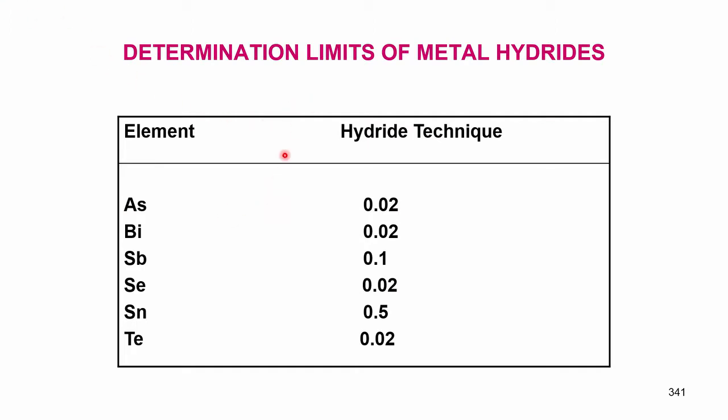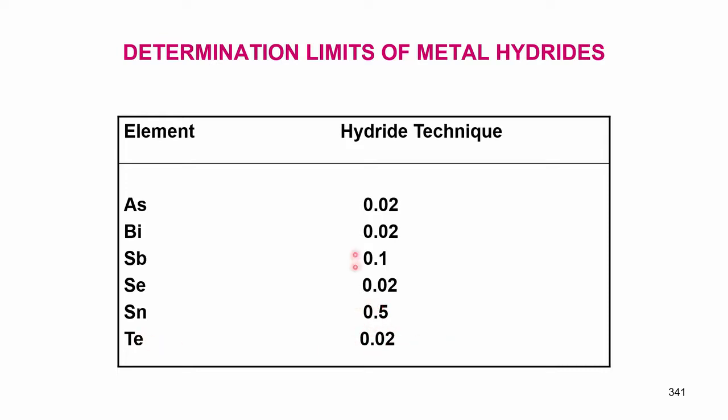Now, here is the proof of how much sample can be determined using the hydride technique. Arsenic is 0.02 ppb, parts per billion, and bismuth 0.02, antimony is 0.1, selenium is 0.02, and tin is 0.5, tellurium is 0.02.